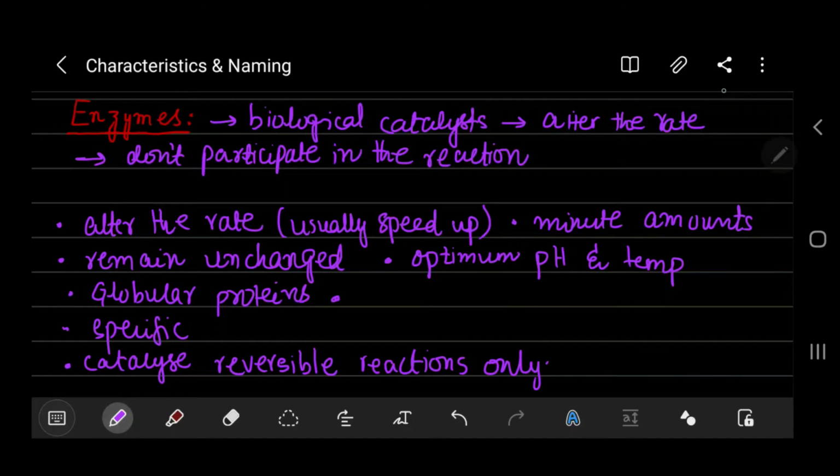So enzymes are specific types of catalysts. They are biological catalysts and they alter the rate of a chemical reaction and they don't participate in the reaction. This is the complete definition of an enzyme.